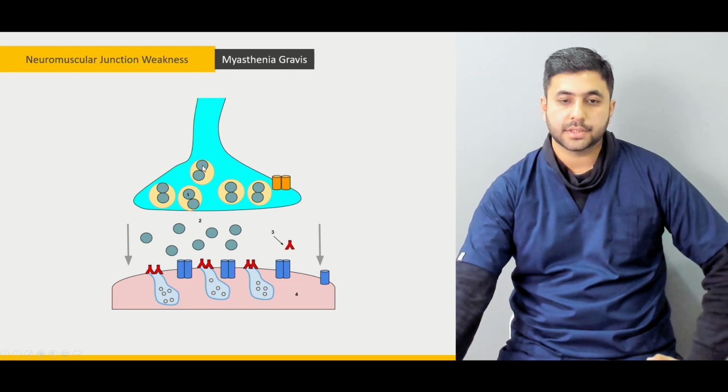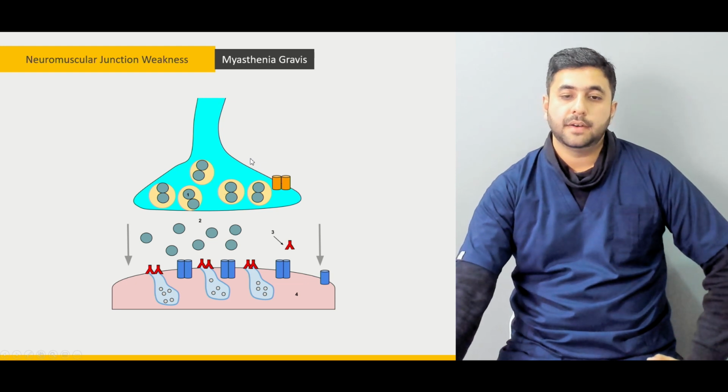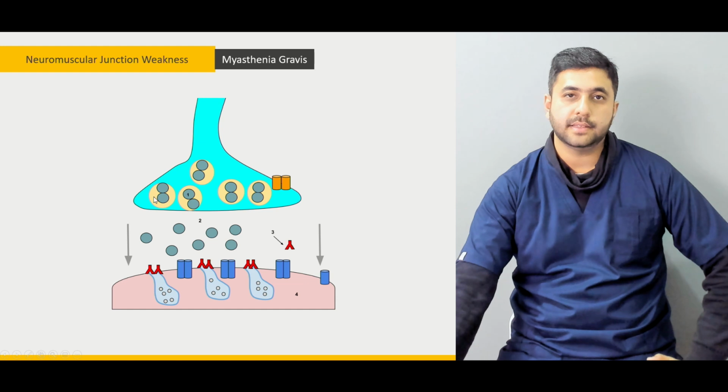These round structures which are present inside the nerve terminal are the acetylcholine. When calcium moves inside the cells, it leads to exocytosis of these acetylcholine vesicles. These vesicles move out, and then they basically innervate all these receptors present here at the level of the muscle.